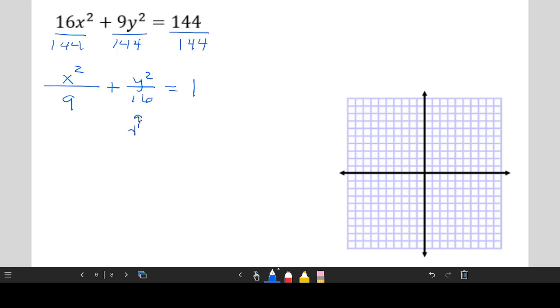So a squared is 16, which means a is 4. And then 9 is our b squared, so b is 3.